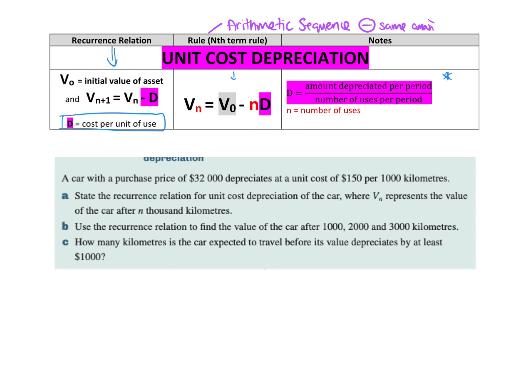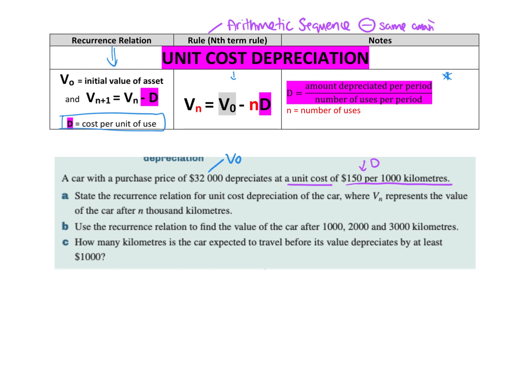So a car is purchased for a price of $32,000. So there's my V0, and it depreciates using the unit cost. So you've got to highlight that so you know which one you're using. So unit cost, and it says that it drops $150 per 1,000 kilometres. So this is pretty much telling us the D value there.